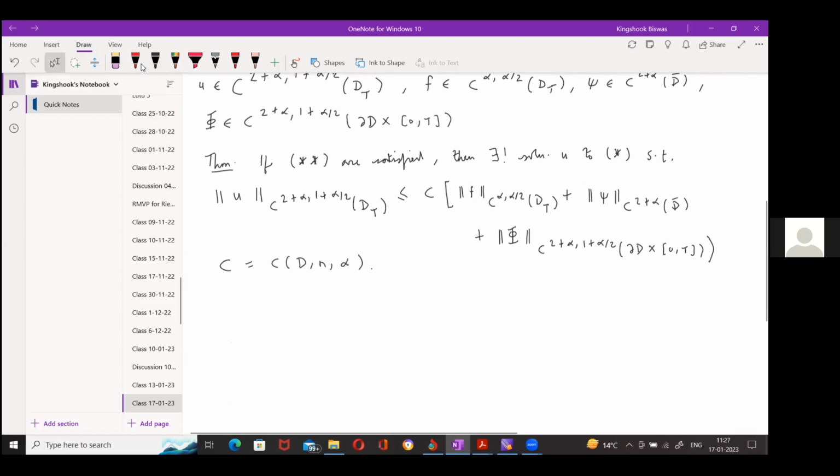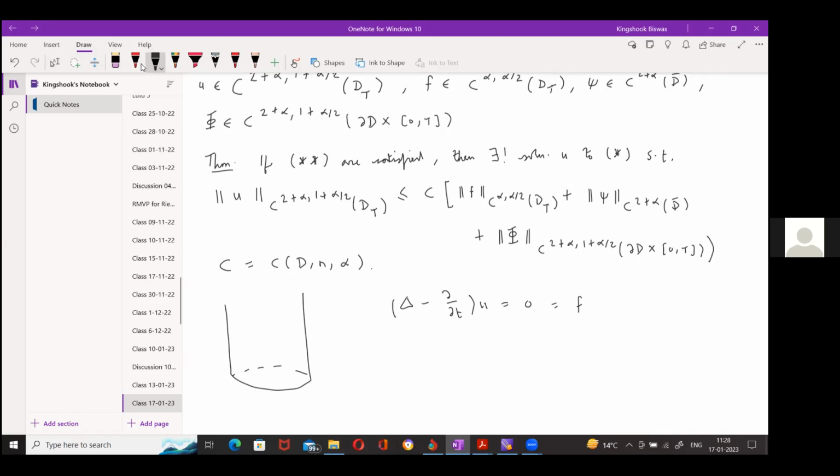Okay. So the point is, if we want to solve the Dirichlet problem using the heat equation, then for your data phi and psi and f, you take the heat operator applied to u equal to 0. So that is your f.